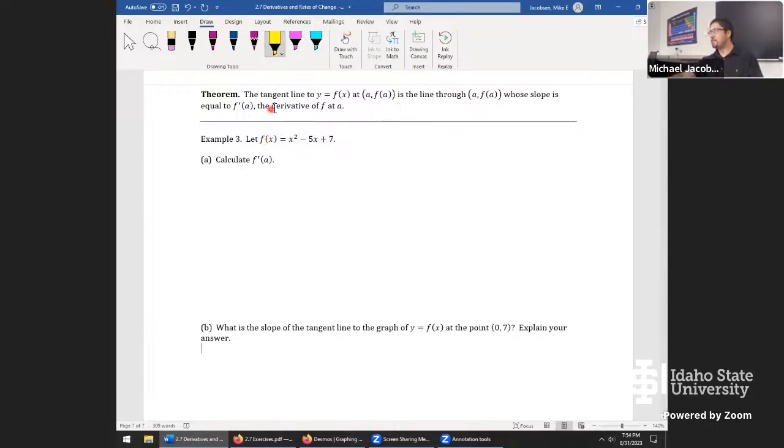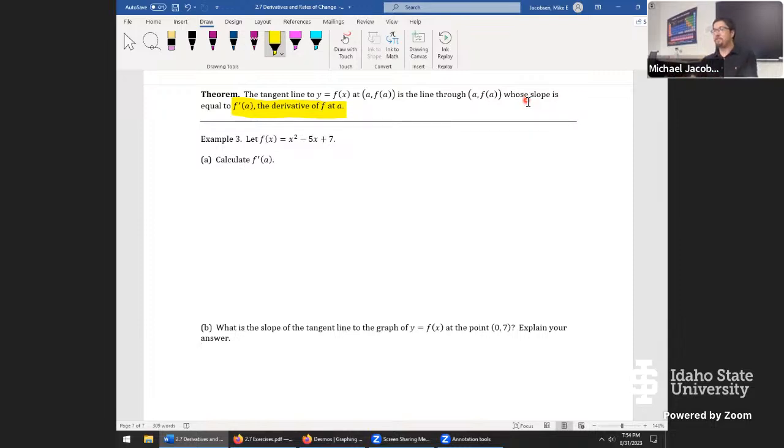It says the tangent line to y equals f of x at a point (a, f of a) is the line through (a, f of a) whose slope is equal to f prime of a, which we will call the derivative of f at a. That suggests function notation, which is appropriate. The derivative is just a brand new function from the original one.